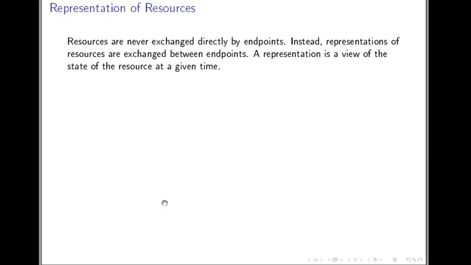Representation of the resources. Resources are never exchanged directly by the endpoints. Instead, representations of the resource are exchanged between endpoints. A representation is a view of the state of the resource at a given time. So what is the representation? For example, say you have an image stored on the server. It has some URL. But what is its representation?